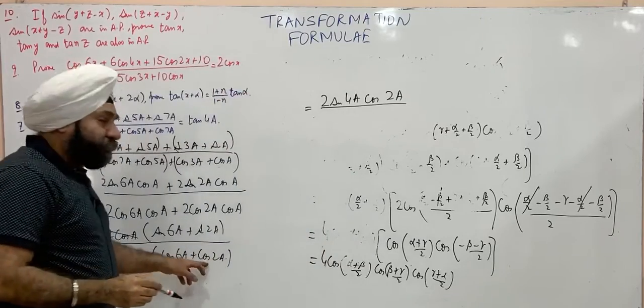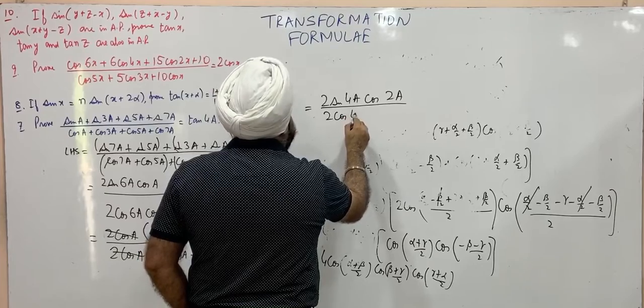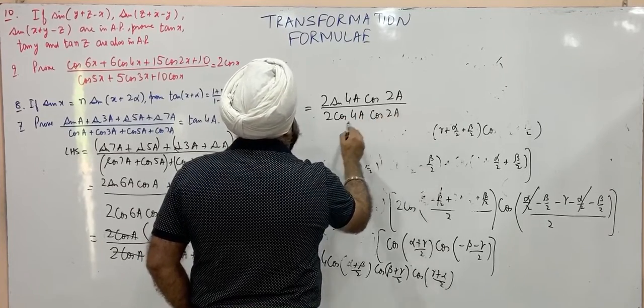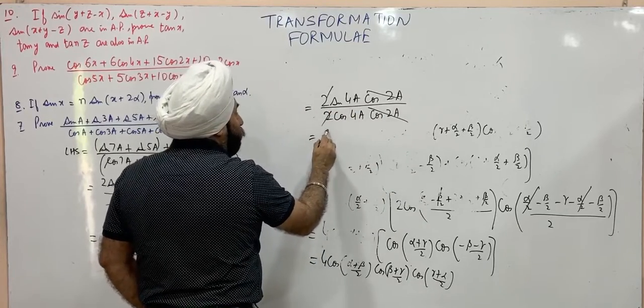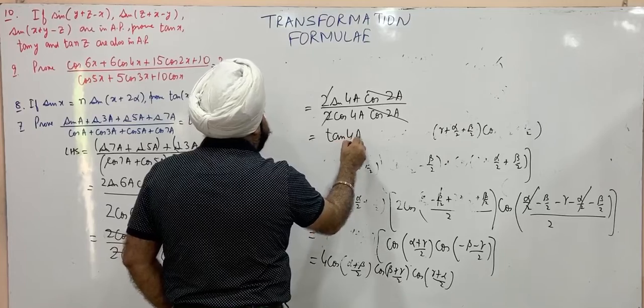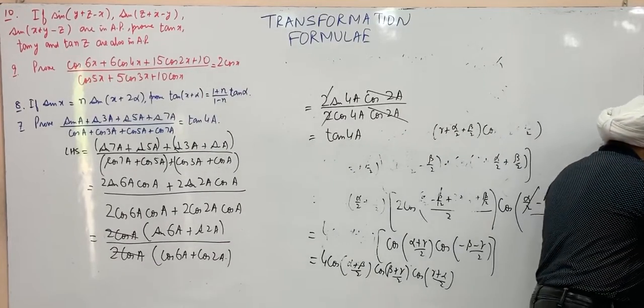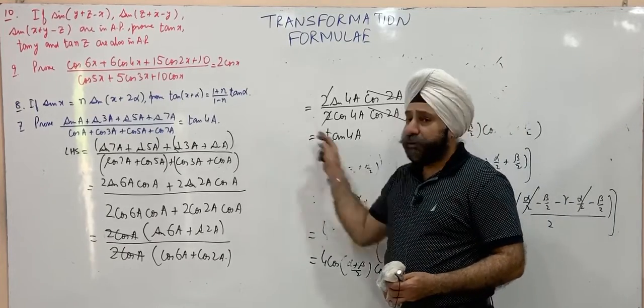Denominator cos C plus cos D, this is 2 cos sum of angles upon 2 into cos of difference of angles upon 2. This is sin 4a upon cos 4a, that is tan 4a, and this is what we wanted to prove. So this is tan 4a.